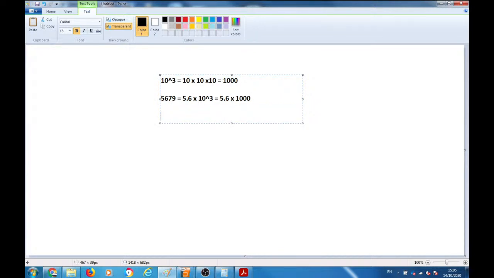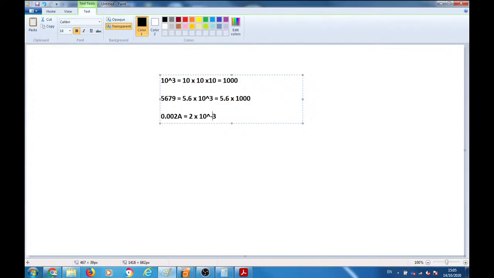When I go the other way, for example, if we've got a figure of 0.002 ampere, and I wanted to express it in standard form, I could say it is 2 times 10 to the power of minus 3.